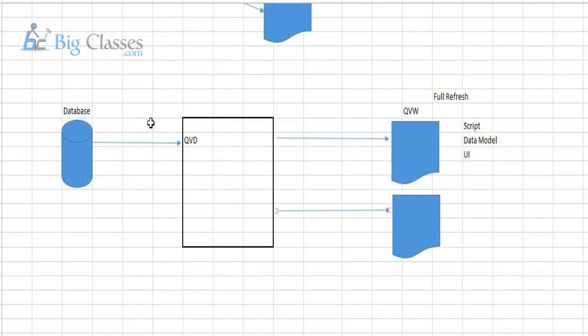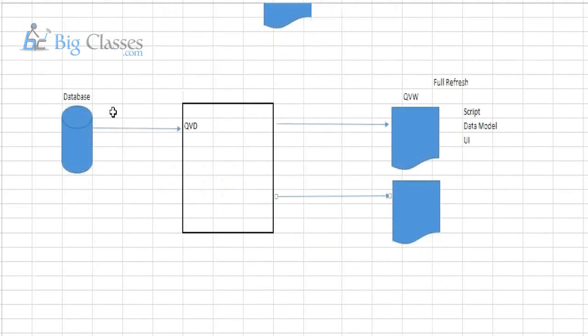Now you might say, okay, what's the point? I'm increasing the step, so the reload time might increase. So what happens is, a QVD to a QVW is a very highly optimized connection, because it's built specifically for a QVW.